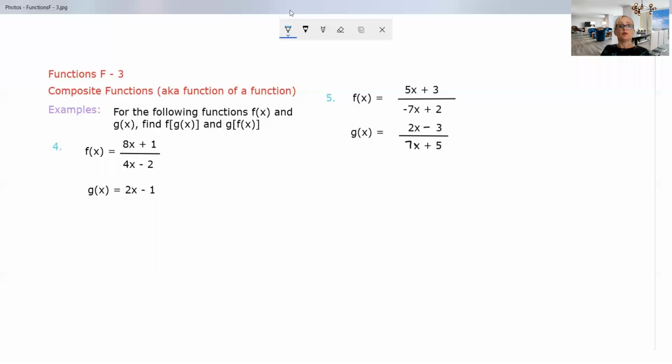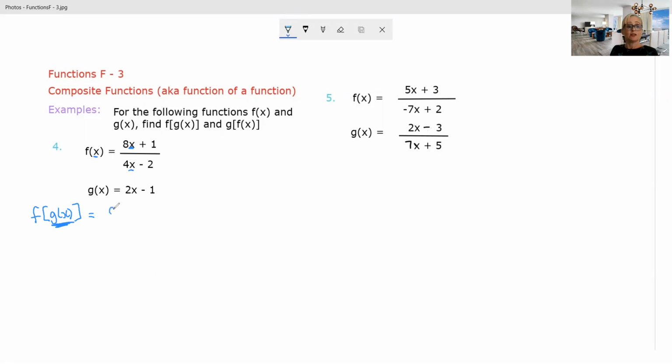So we have an example here where we are going to have to do a bit of algebraic manipulation to tidy this up as we go. If we want f of g of x, that means everywhere in our f of x rule, I'm going to put g of x.